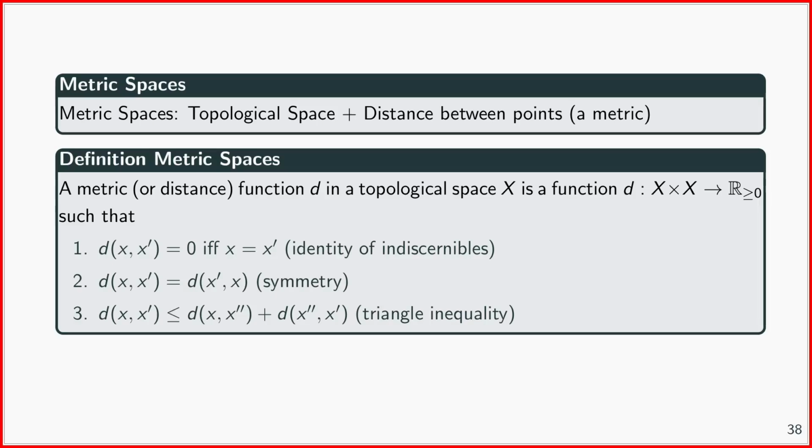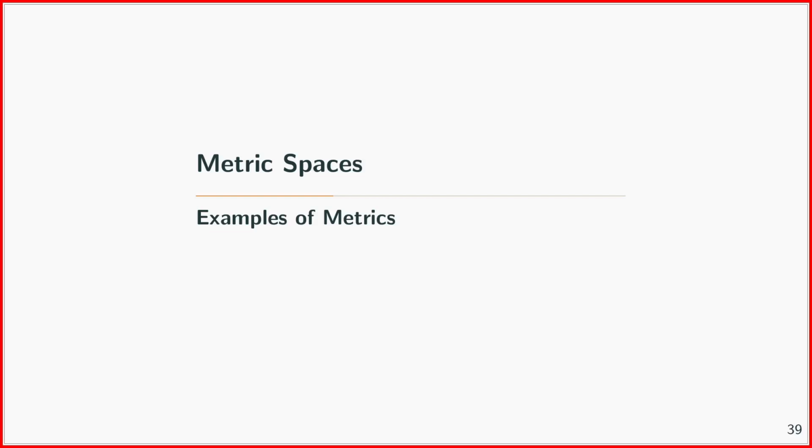And finally, you have the triangle inequality. So if you go from one point to another, then this should be the shortest distance between them, and there should not be a shorter distance by visiting another point in between. I would say those are really common sense assumptions which you make on distance functions.